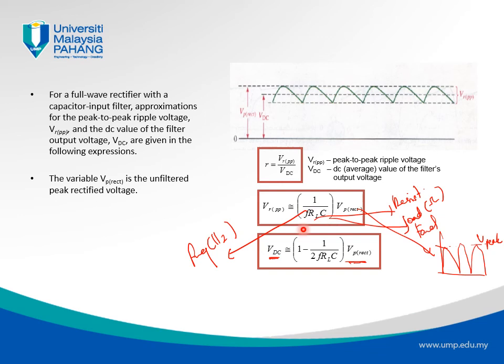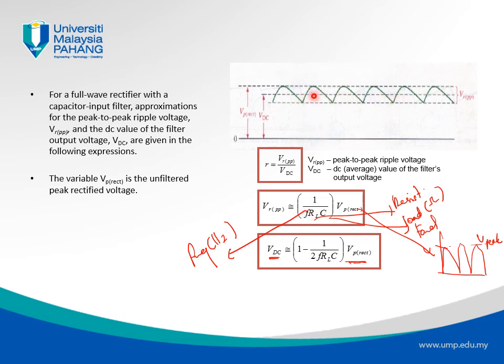So if we increase the frequency, or if we increase the resistance of the load, and if we increase the value of the filter capacitor, we will be able to reduce the ripples.